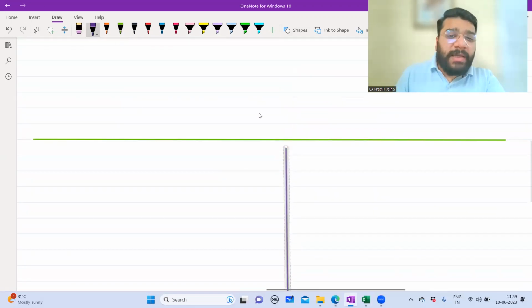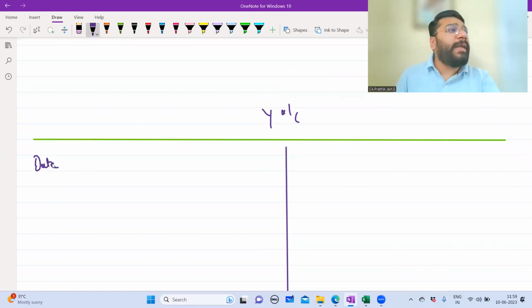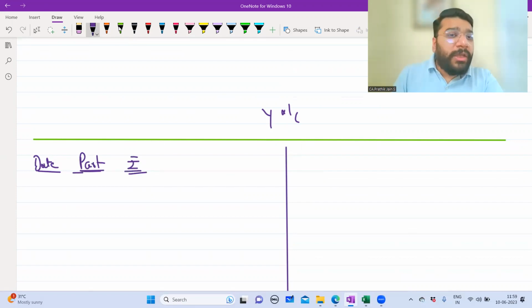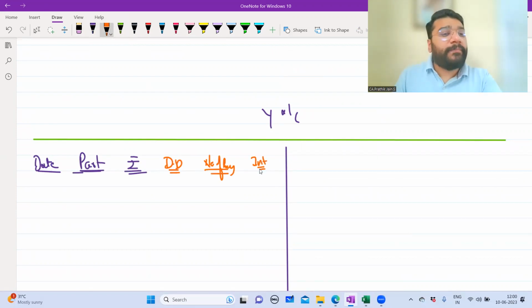In the normal Wise ledger, what we had was the date column. Don't write anything, I'll give you a proper format. I'm just doing a rough sketch. We already had the date column, the particulars column, and the rupees amount column. Correct? Now here, in addition to that, we have the due date column, the number of days column, and finally the interest column.